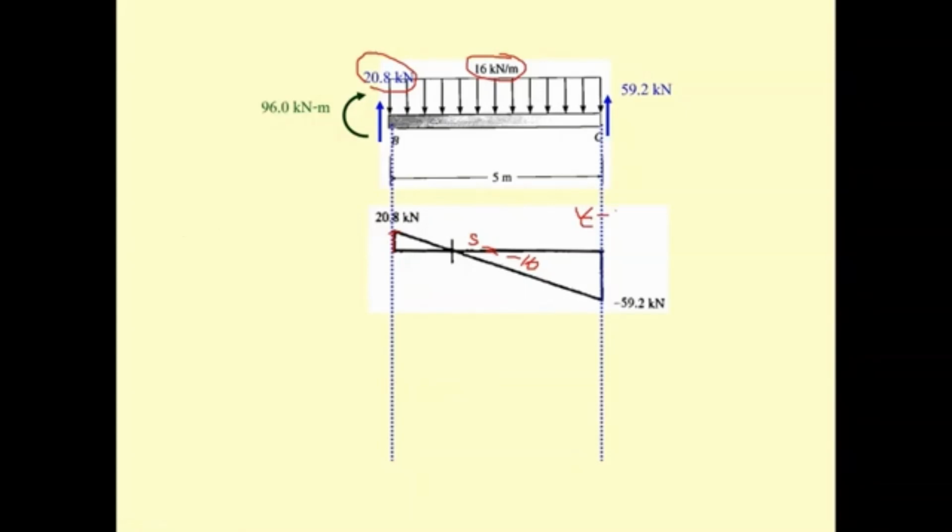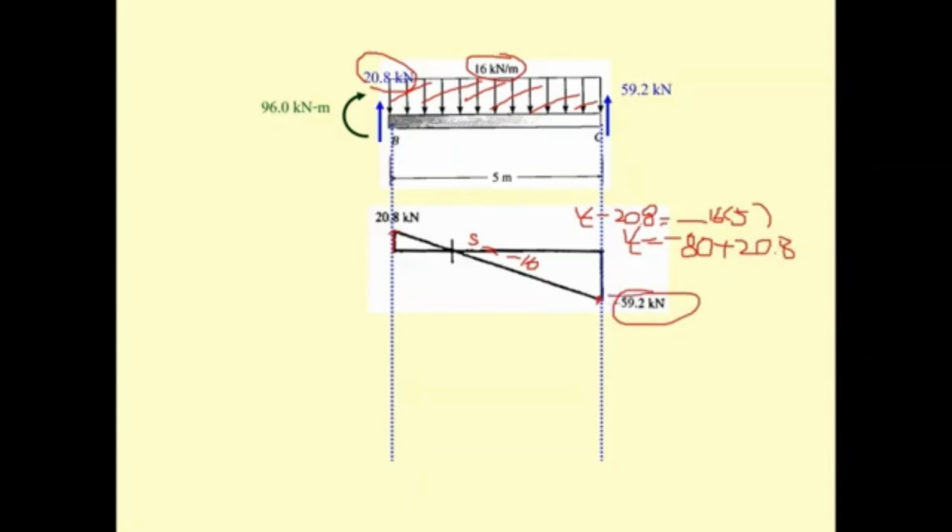This is going to be 20.8, and then it's going to be equal to minus the area here. If you see, this is going to be 16 times 5, which is 80. So your V sub c is going to be minus 80, and then you plus 20.8, and then you get minus 59.2 here.